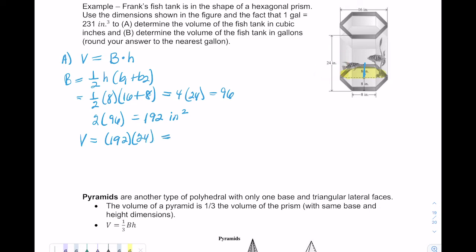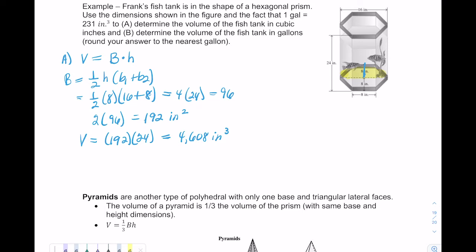And then if you multiply 192 times 24, you'll get 4,608 inches cubed. So that would be my volume. That's how much water would fit in that tank if you were to fill it all the way to the top.